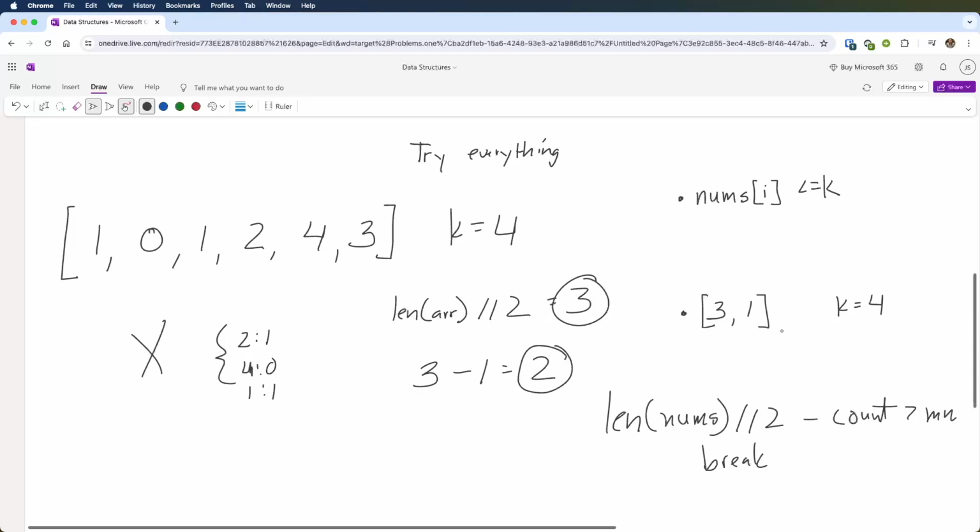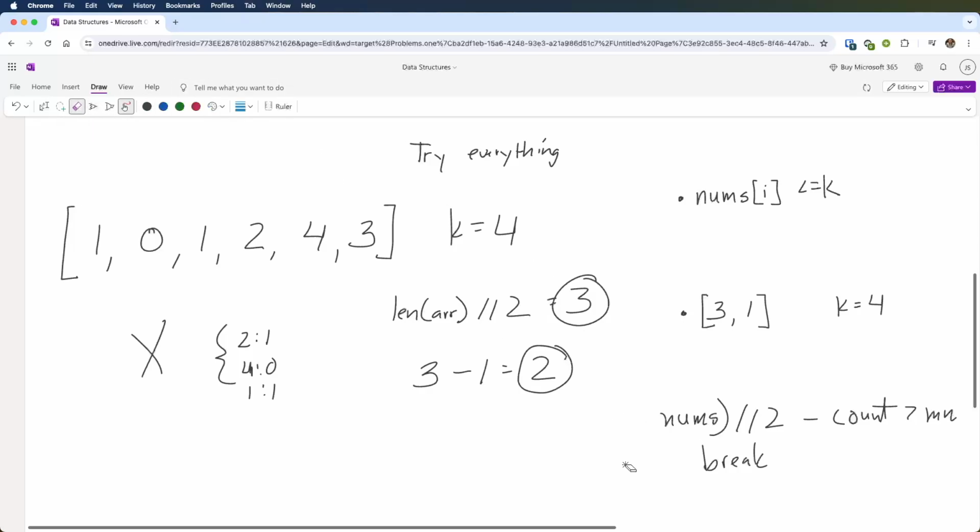Because what this means is that we've already found an answer that's better than this. And remember, we're going to be working backwards, right? The answers are only going to get worse and worse. So what we want to do is say, if we ever get to this point, we know that anything that we find after this point or at this point is going to be a worse answer than we've already found. So we can just break at this point and not continue any of that work.